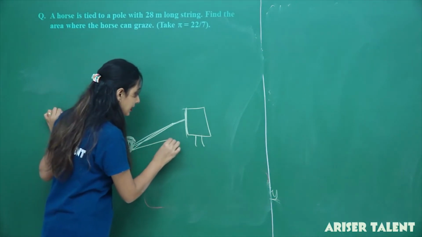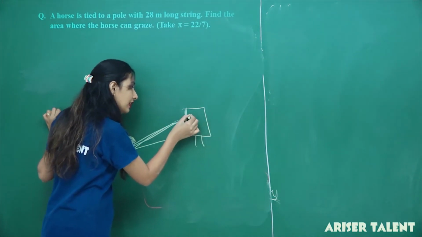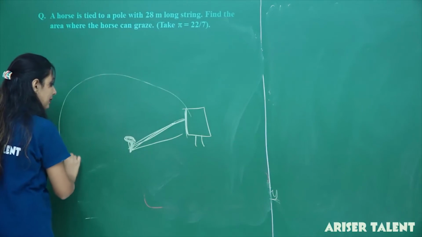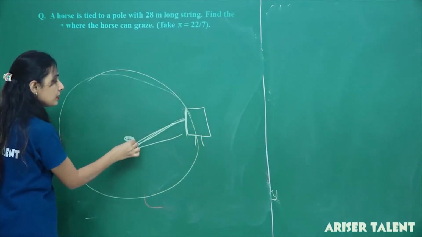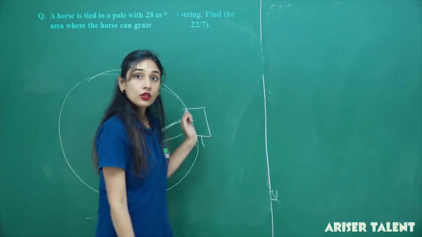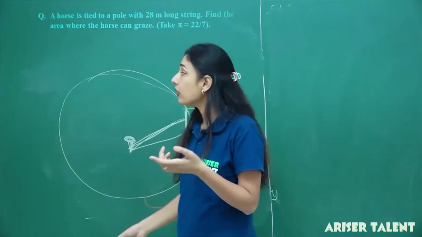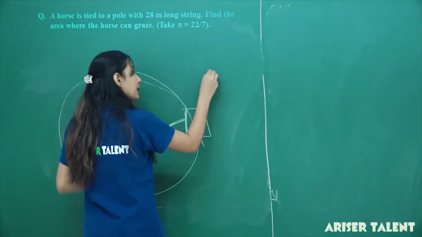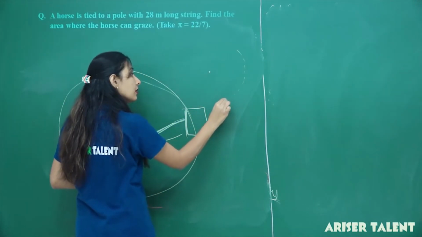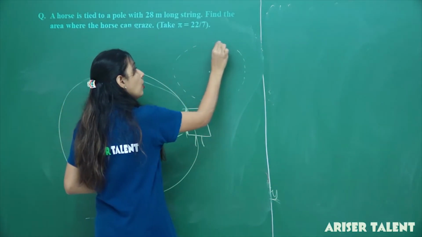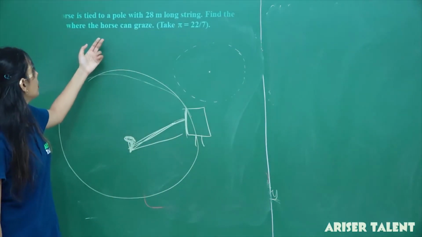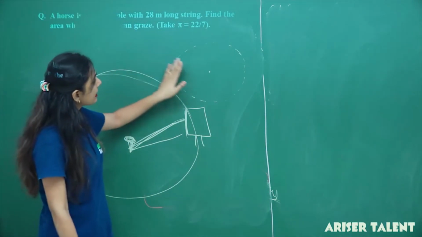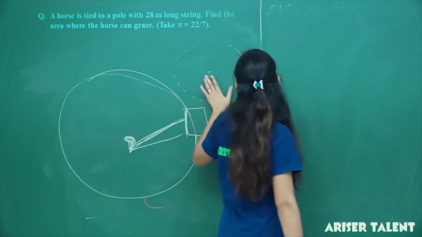When I take this as my radius, the animal can move in a circular path, always equidistant from this particular point. So this is making a circular path from a point, and it can graze only in this particular area.